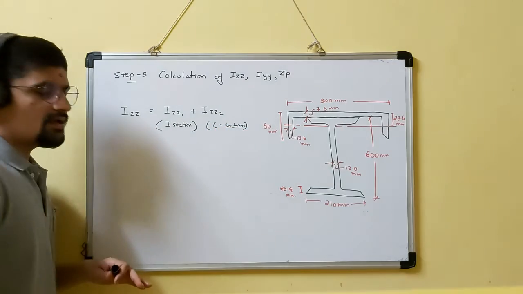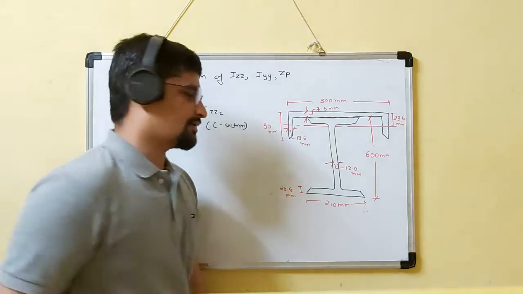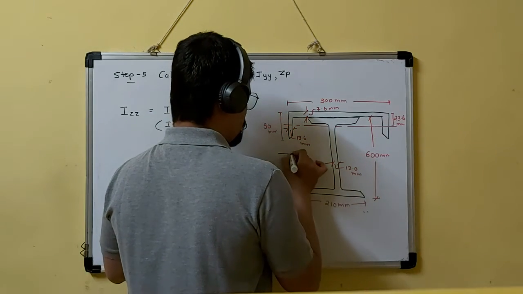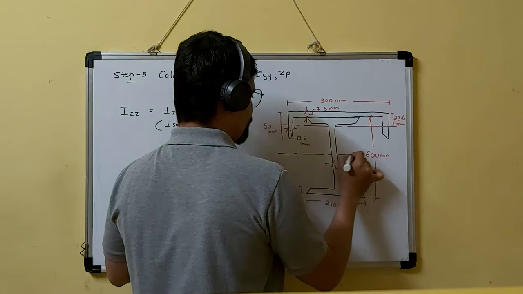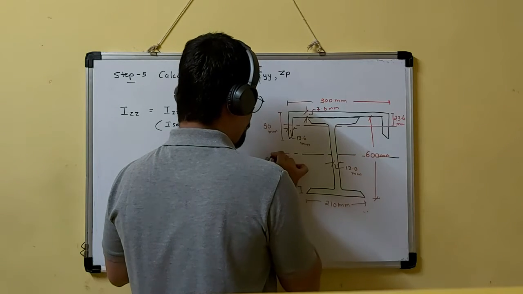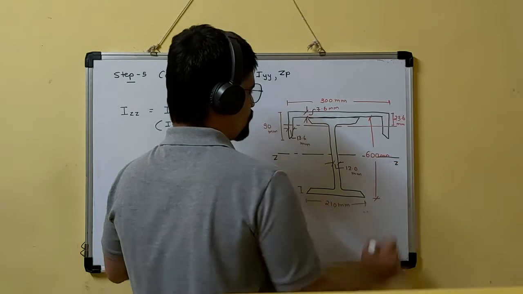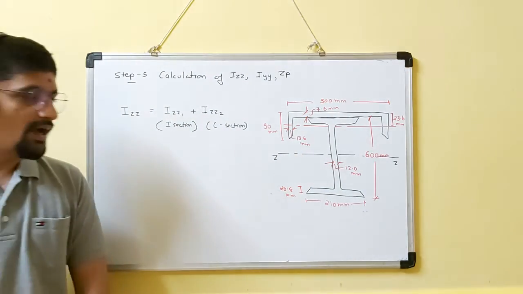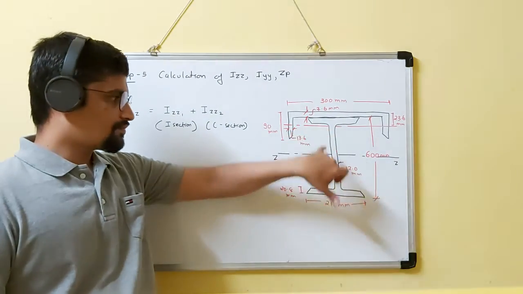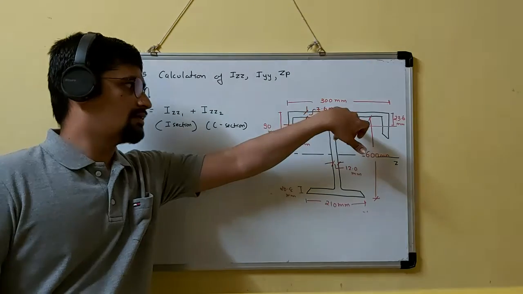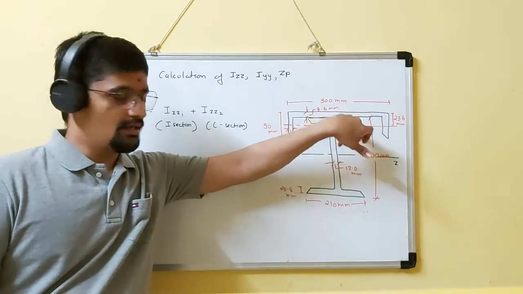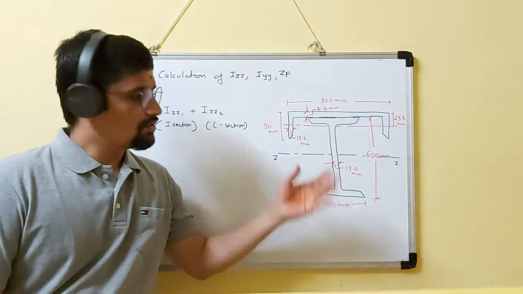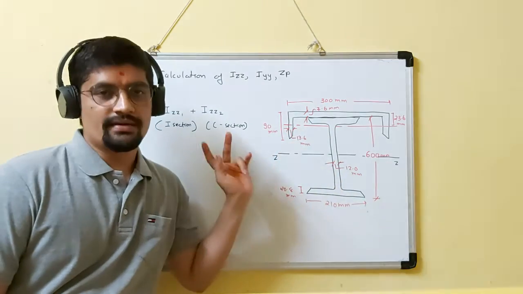Now if we cut our section on the ZZ axis like this, the section will become unsymmetric. Why? Because this is the I section and the C is placed over the I but not at the bottom, so the section is not symmetric.